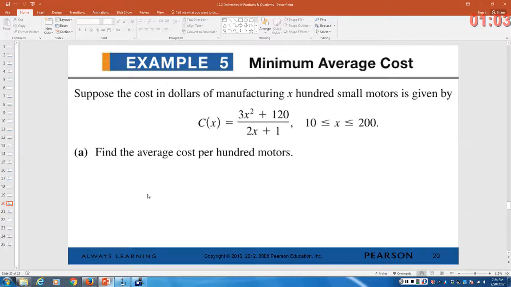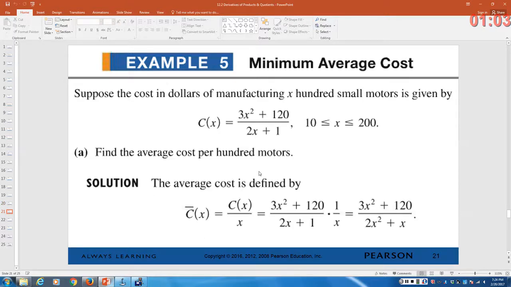But they want us to find the average cost per 100 motors. And the way that you find that is you just put your C of x function over x. And since your C of x function is already a quotient, the easiest way to put that over x is actually to multiply it by 1 over x rather than divide it by x.